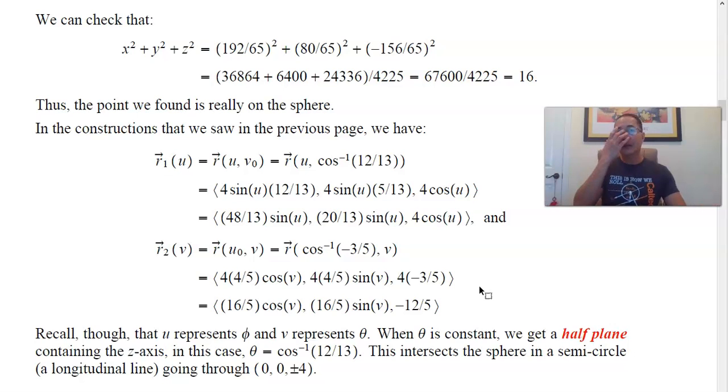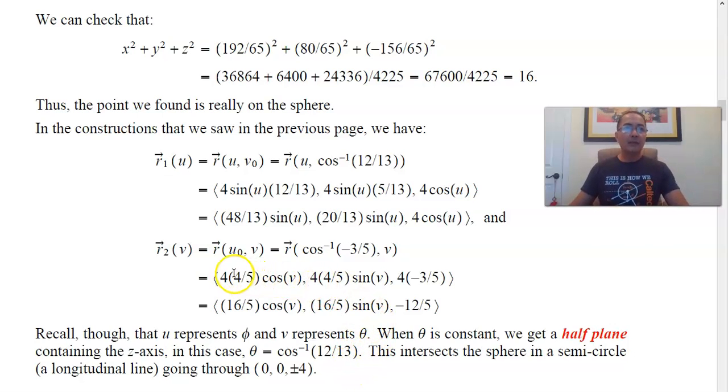It's a half plane where the angle that that plane makes with the positive x-axis is inverse cosine 12 over 13 in this case. How does that intersect the sphere? You get a semicircle passing through the north and the south poles. What you might call on the globe a longitudinal line.